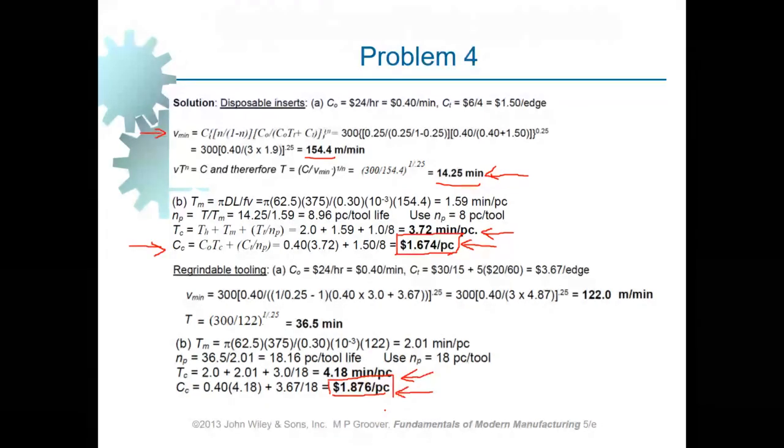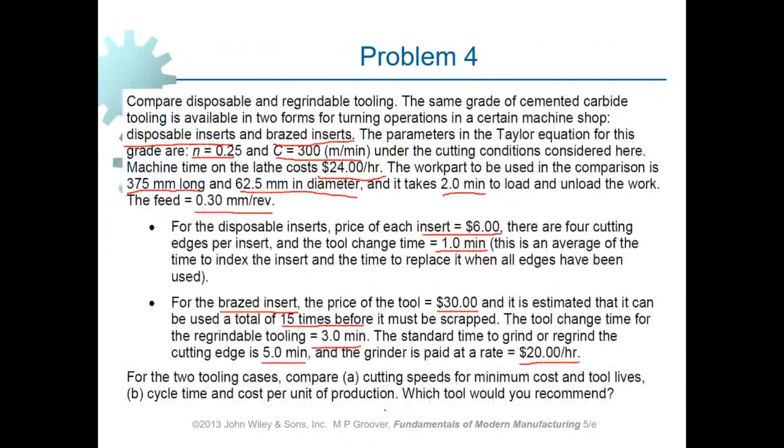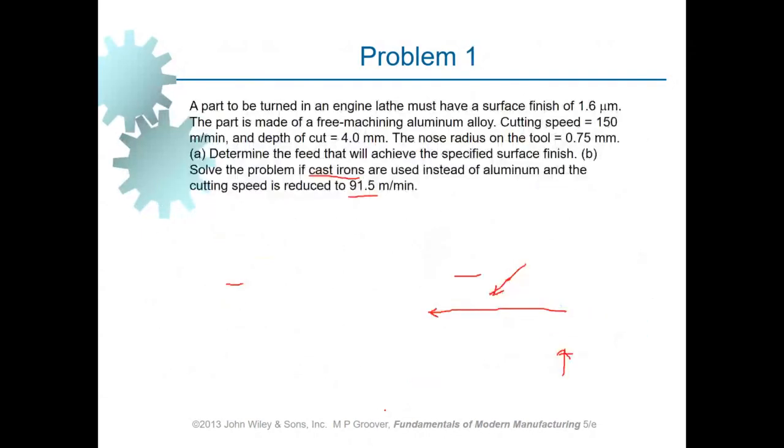If we take a look at the equation sheet, let's get back to the equation sheet right here. Here, in the equation sheet, equation 23.1 is the one that is taking care of the regrinding cost. Let's see what is in here.